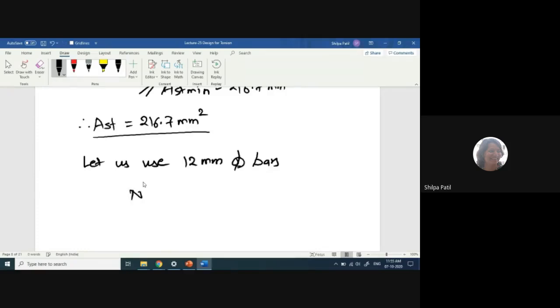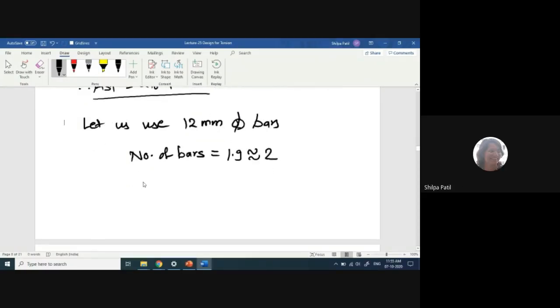Okay, so find out number of bars using 12 mm diameter and this area. 1.9, so 2 bars. Okay, so just write down, provide two 12 mm diameter bars on compression side.